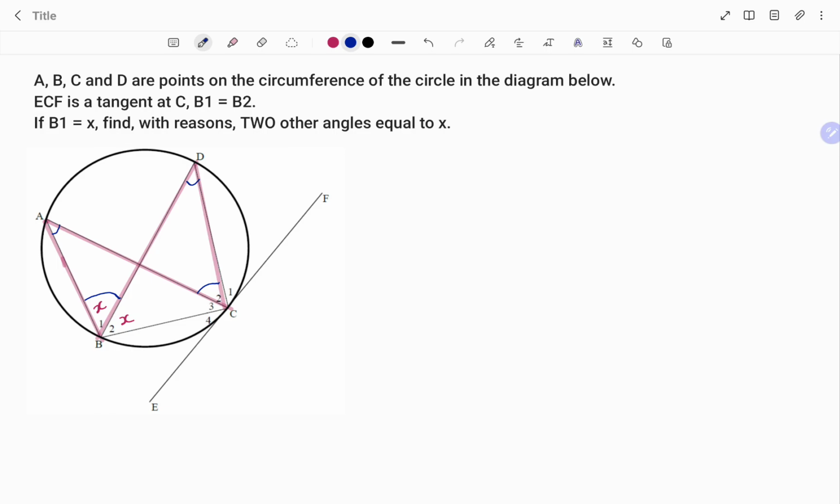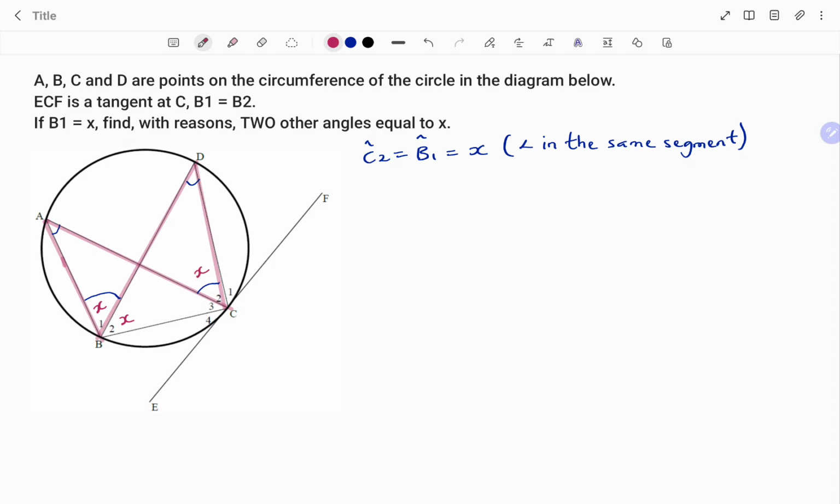Therefore, I'm going to state that angle C2 is equal to angle B1, and we've been told that angle B1 is equal to x. So that is also equal to x. The reason being angle in the same segment. Putting that back into the equation, I have C2 equals x.